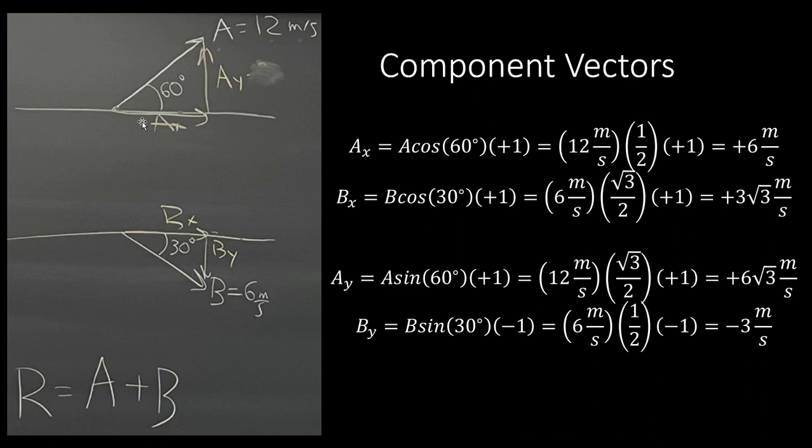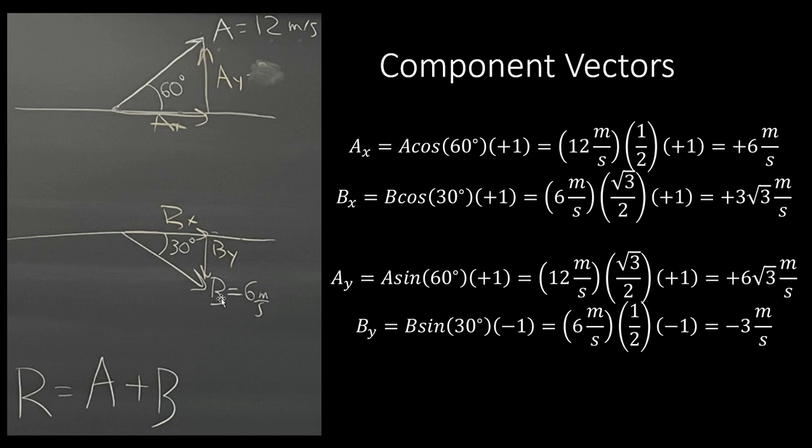For the x component of vector A, or A sub x, that's going to be the magnitude of A times cosine of 60 degrees. And since that vector is pointed to the right, we're going to multiply it by positive 1. So 12 meters per second times cosine of 60 degrees, which is the same thing as 1/2, times positive 1 gives us a component vector of positive 6 meters per second.